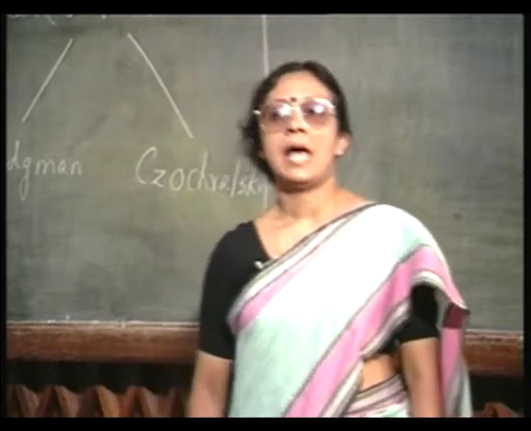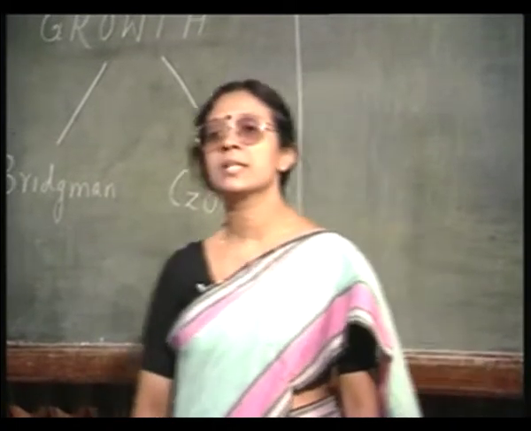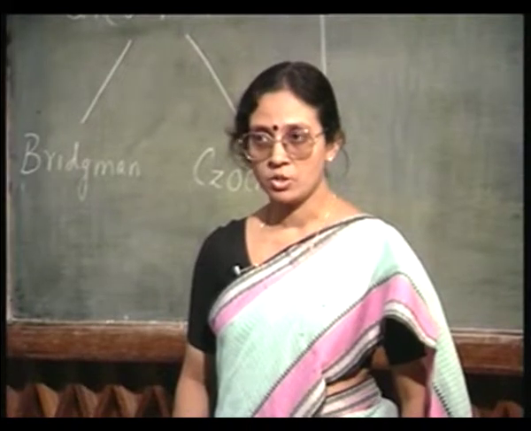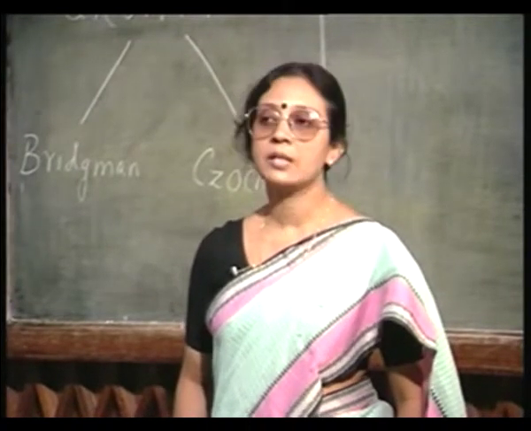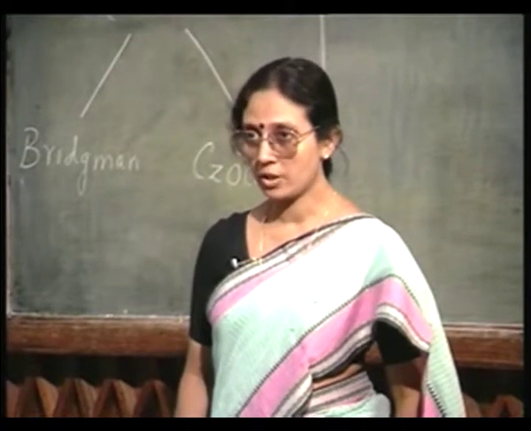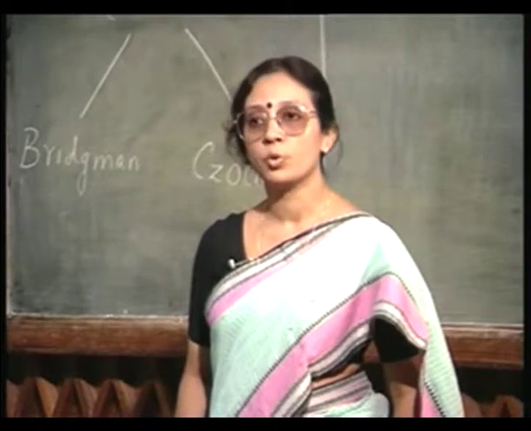But as we have already mentioned, silicon is a material which expands on solidification. So, in a Bridgman crystal growth, that is the greatest drawback, because the charge is kept in a quartz boat.